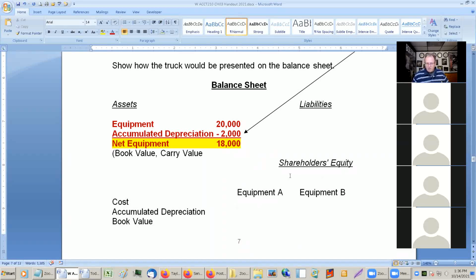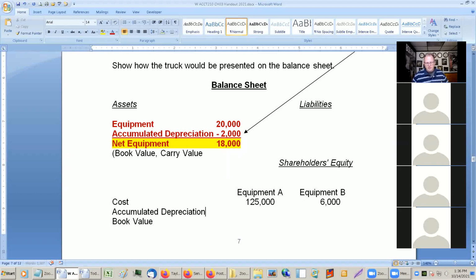Equipment A costs $125,000. Equipment B costs $6,000.